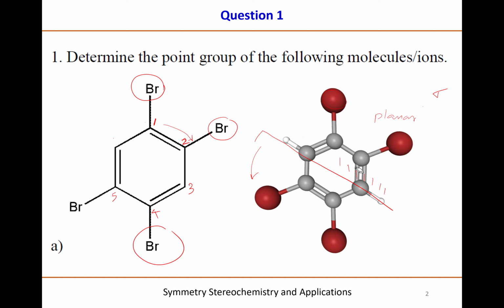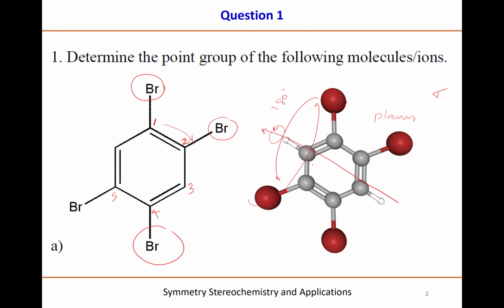If you rotate this molecule by 180 degrees on this axis, clockwise or counterclockwise as you wish, you will get the same molecule which will look like this one only, but this atom will come to this side and this will go to that side, right?